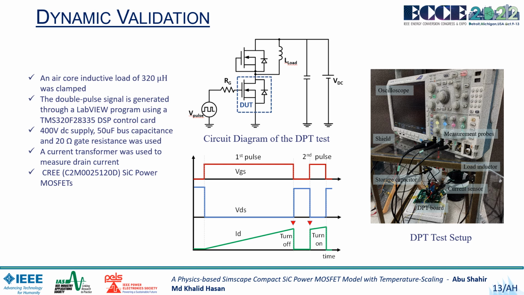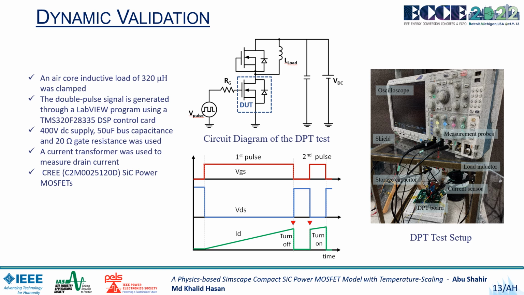For dynamic validation, a double pulse test has been implemented using the same Cree MOSFET. The circuit diagram of the DPT test for the Cree device is shown in the figure in the middle. An inductor of 320 microhenry is used as the inductive load, and the DC voltage source is set to 410 volt.